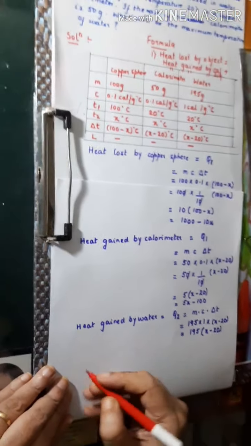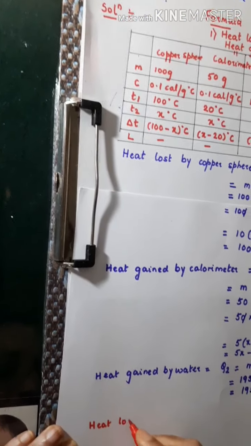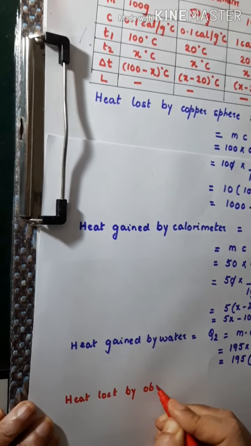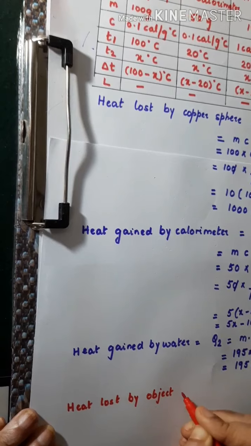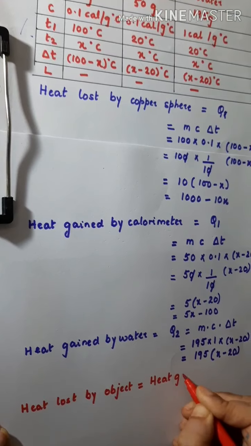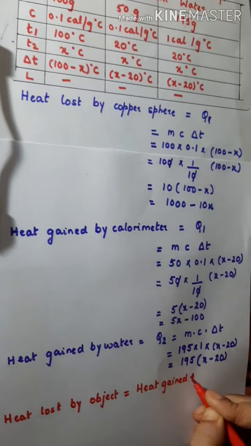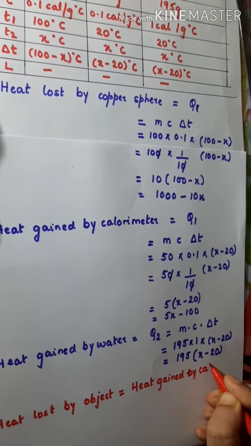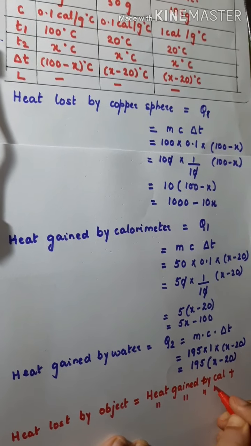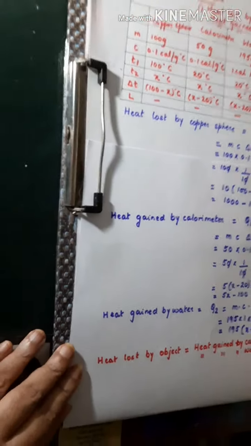So, again I will write heat lost by object equals heat gained by calorimeter plus heat gained by water, or liquid.